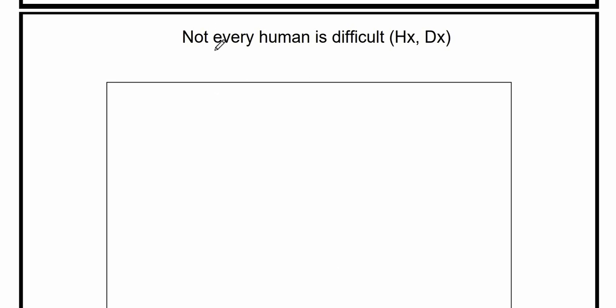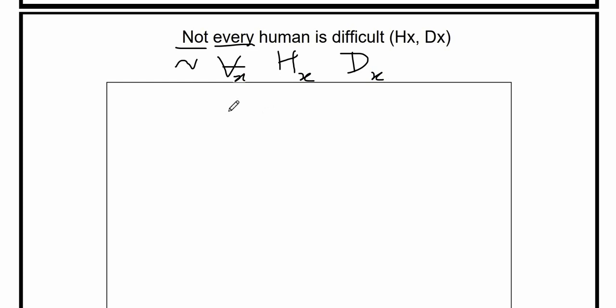So we have every. Every means all, and not means negation. Human is H. Difficult is D. Okay, so we write x here, x here, x here.